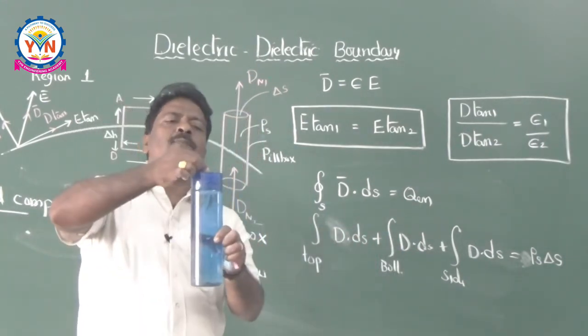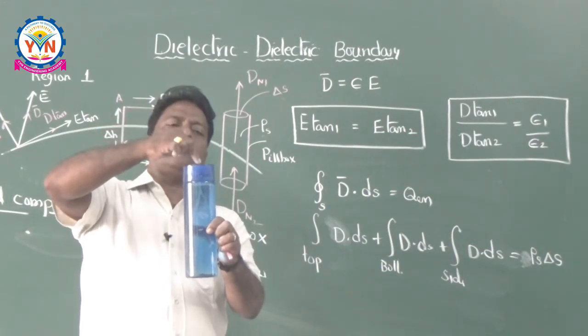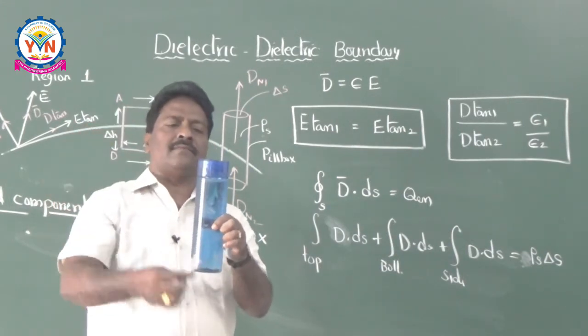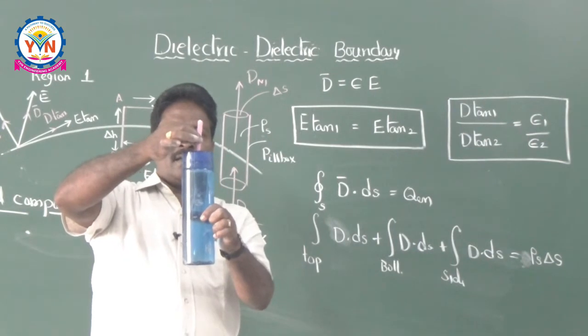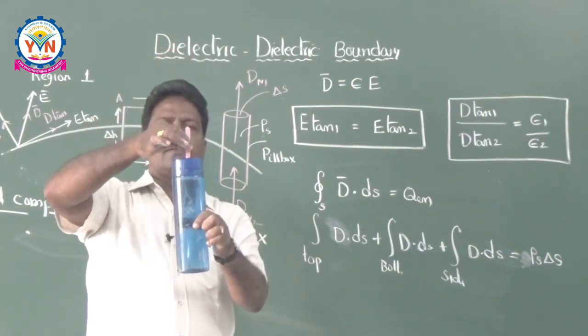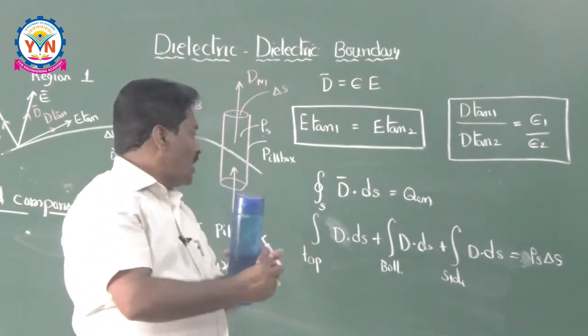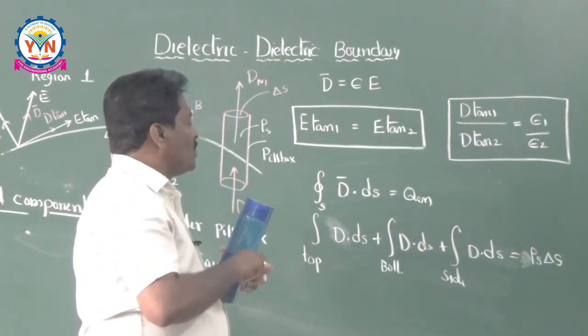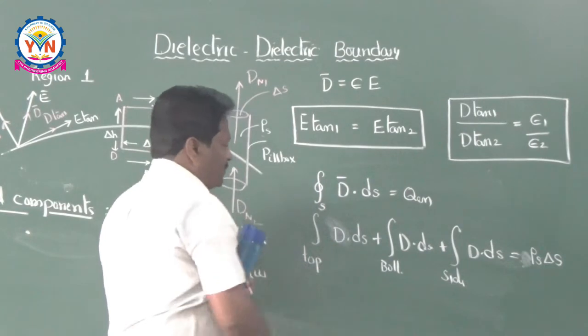So I have split this integration into three things: integral top, integral bottom, integral sides. For integral top, the normal component Dn1 is in this direction, and the surface is also in the same direction. So what is the angle? 0. So D into dS into cos 0, which is 1.